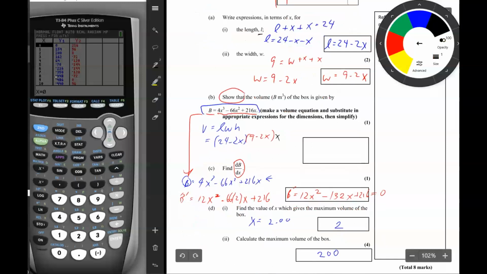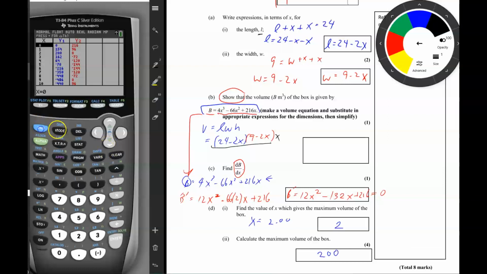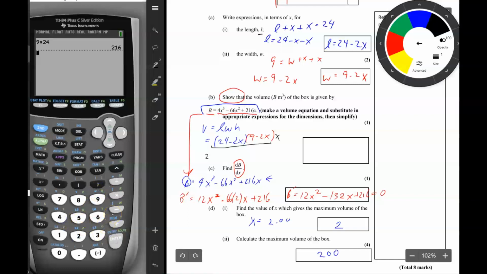And then I'm just going to do some algebra. I'm going to do FOIL. I'm going to expand these two binomials by doing FOIL. 9 times 24, I don't know what that is, so I'm going to do that on the calculator. It's 216, so the first term is going to be 216. The last term is going to be negative 2x times negative 2x, which is plus 4x squared. If you don't know how to do FOIL, come talk to me at Homework Club.